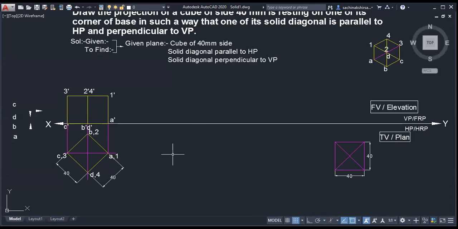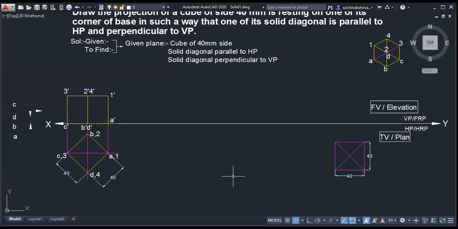Okay. Up to this, completed. Yes, sir. In simple terms, a cube is resting on HP and we have drawn this front view and top view.